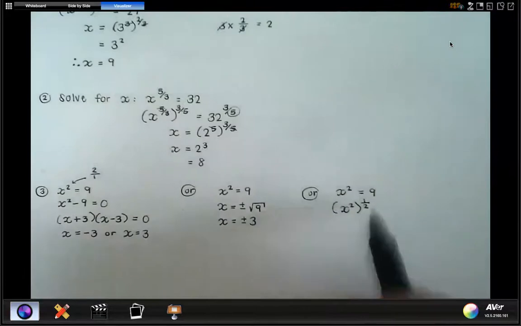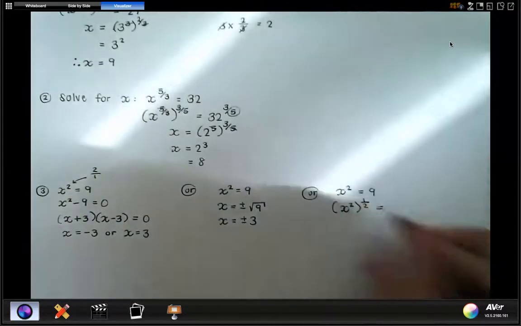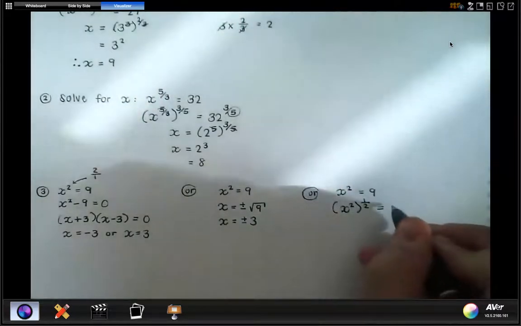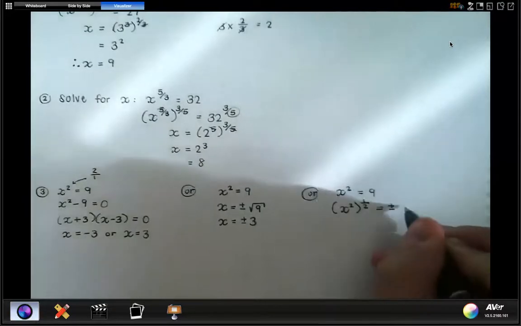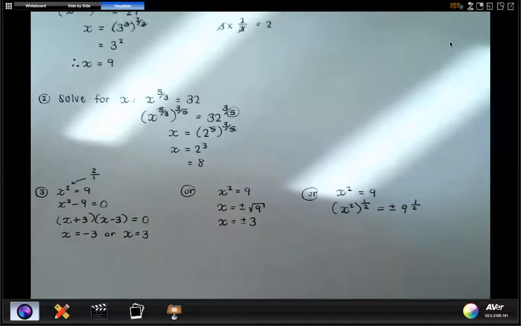Because 2 times a half is 1. The 2's are going to cancel out there. So then you would get your exponent of 1. But now you would have to do the same thing on the other side, right? So here you would actually have to do a plus minus 9 to the power of a half.